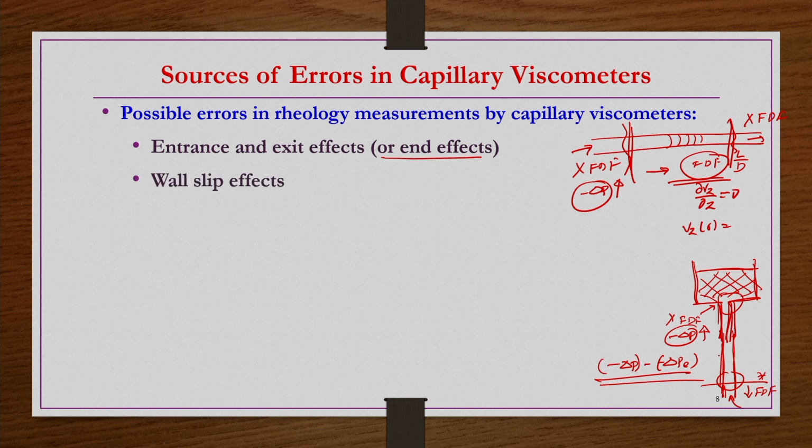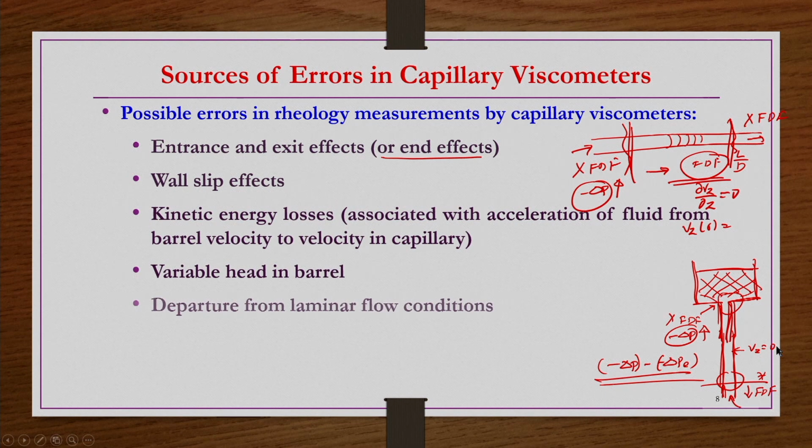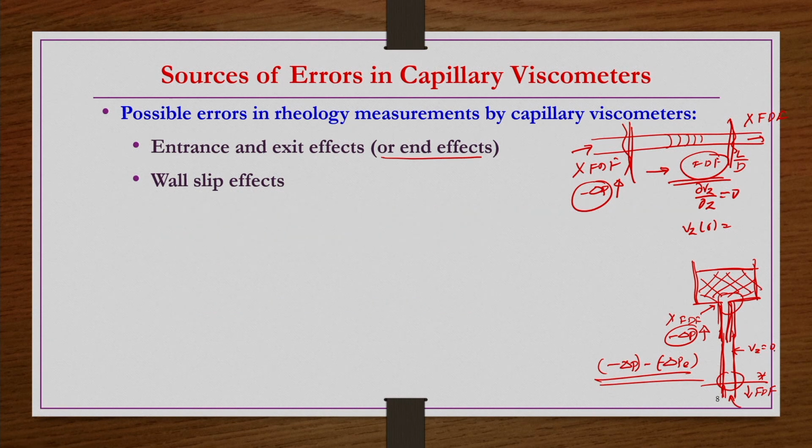What we have seen at the capillary wall, at these inside locations, the velocity, whatever is there, we have taken as 0 in our analysis, isn't it, right. But in general, when you are taking non-Newtonian viscous fluids, the velocity is not 0, it may have some different velocity compared to the 0 velocity.